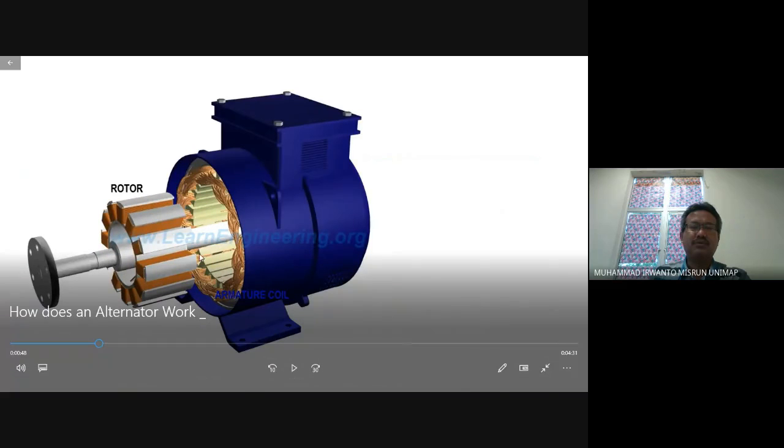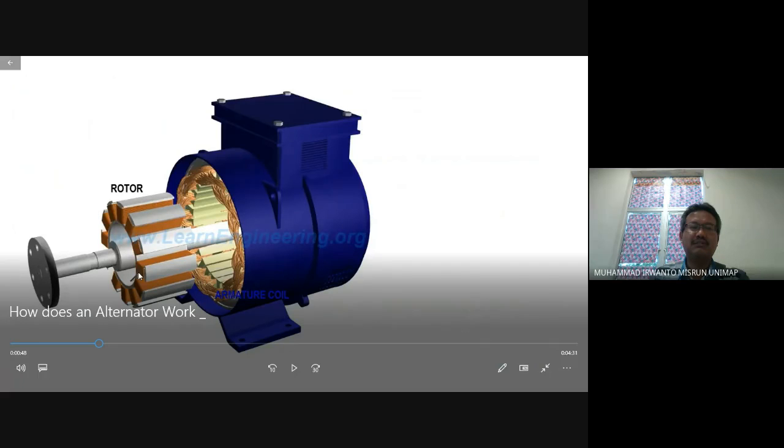Okay, now we want to know the construction of the rotor. This one is the rotor. The type of the rotor is salient pole. This one is the rotor winding.